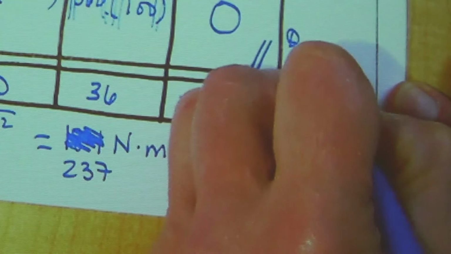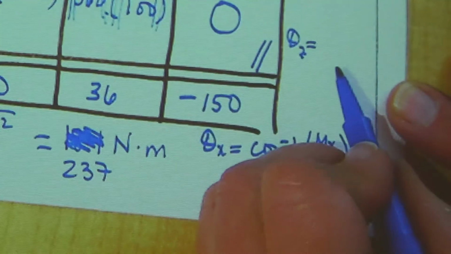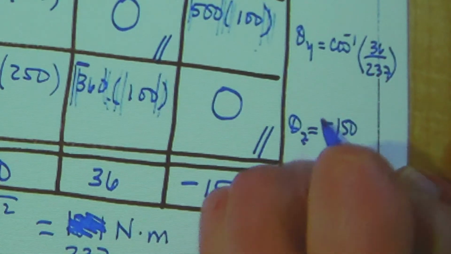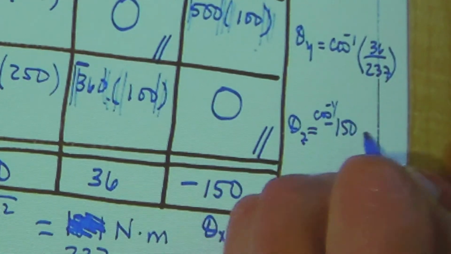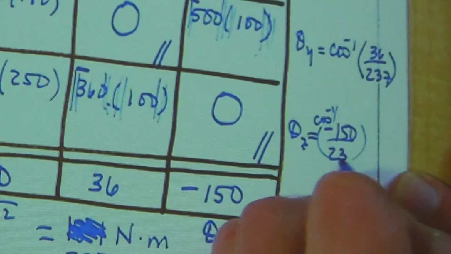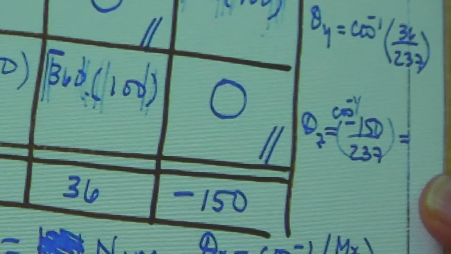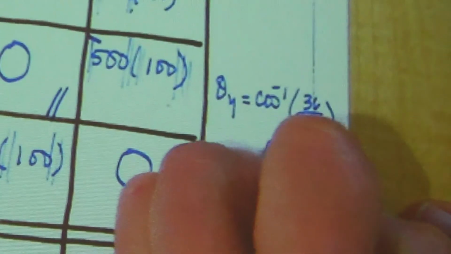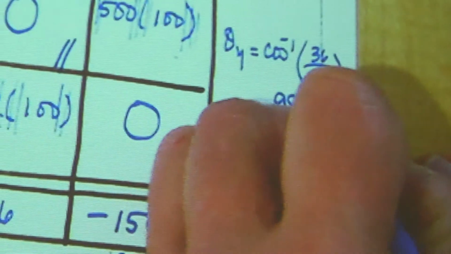And how do I calculate theta z? Inverse cosine, negative 150 over 237. Did you get values for that? What did you get for theta y, Chris? 98.7, yeah, 1 decimal place.